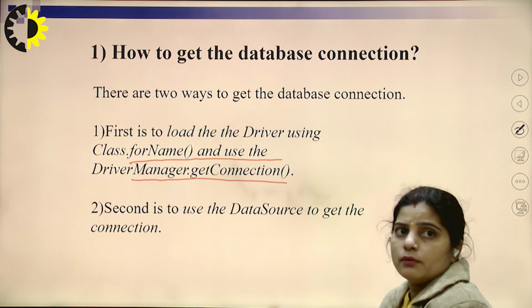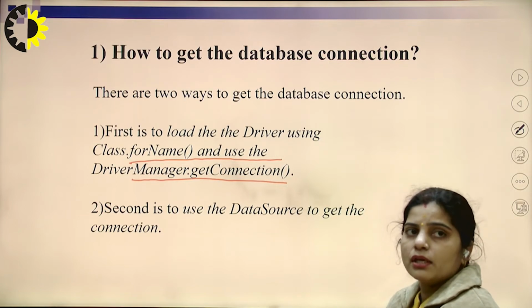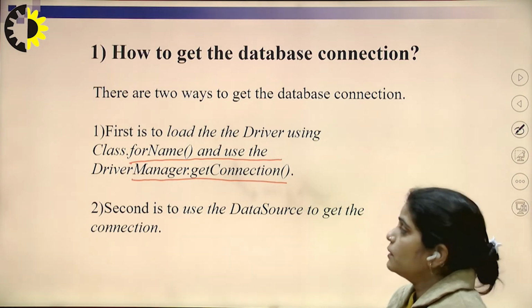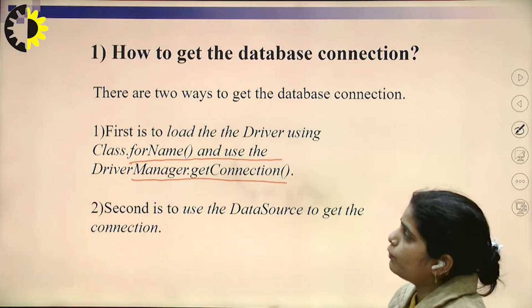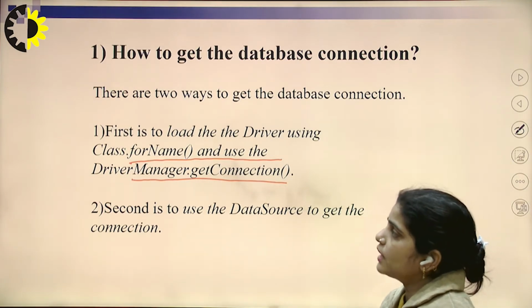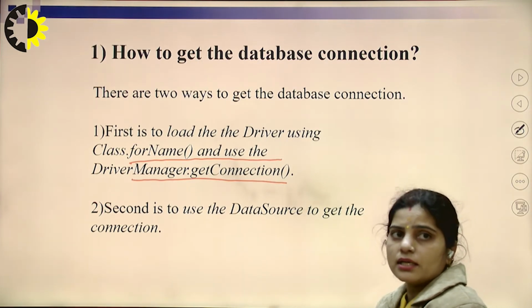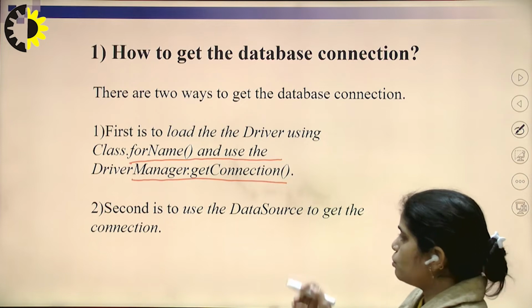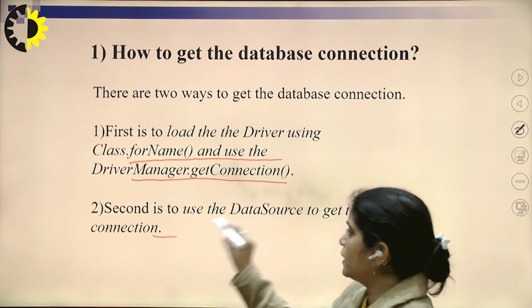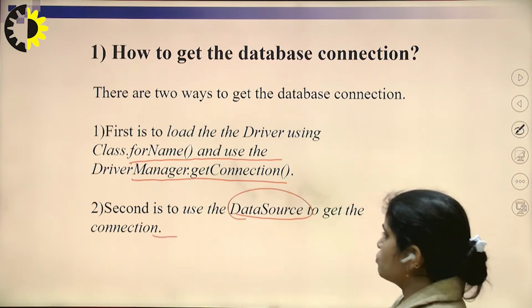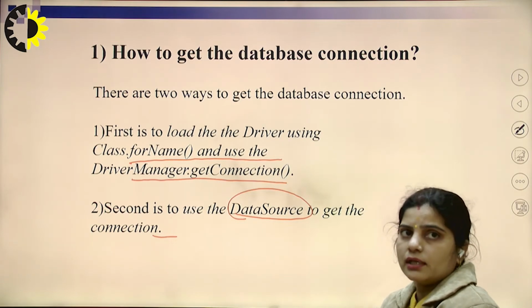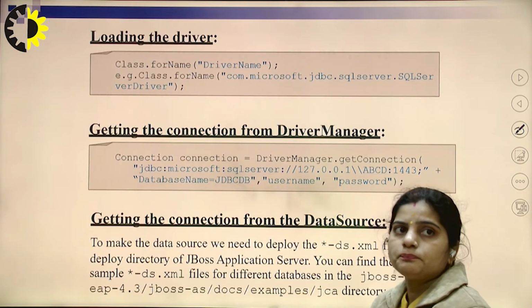So we can use one of these methods to load the driver. Second, we can use the data source to get the connection directly. This is the second method by which we can get the database connectivity.